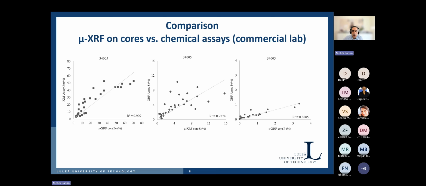So this graph shows a comparison between chemical assays and micro-XRF analysis of the drill core samples for iron, sulfur, and phosphorus. Although the correlation is generally good, it is clearly not the same for all elements. Obviously, the differences arise because powder sample represents a homogenized volume, whereas the drill core scan reflects the natural heterogeneity of the rock surface.